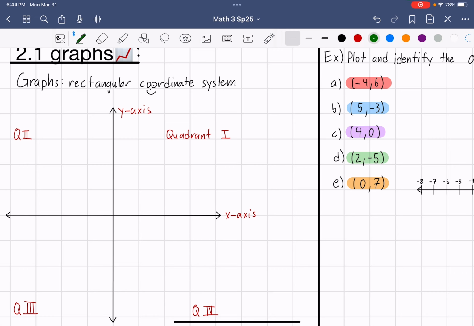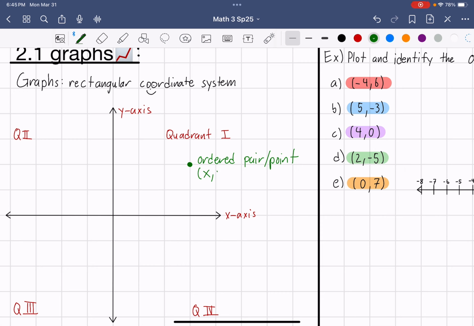Now, what goes on this coordinate system? We put points. Right? They're sometimes known as an ordered pair. Sometimes we call it just a point. It looks like a dot. Or a coordinate.